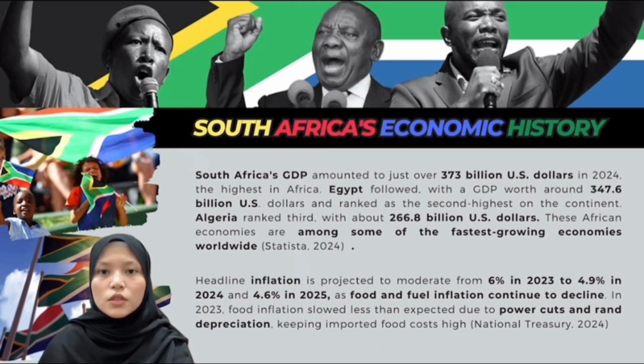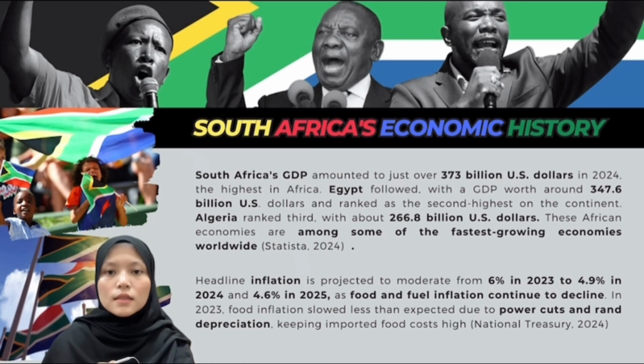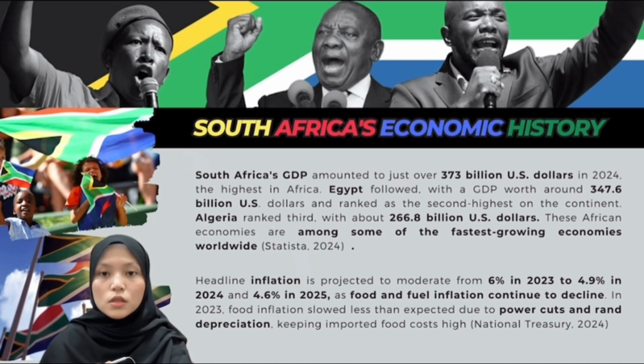Algeria came in third with a GDP of 266.8 billion US dollars. These countries are not only leading in Africa but are also recognized among the fastest growing economies worldwide. Their growth reflects Africa's increasing influence on the global economic stage.